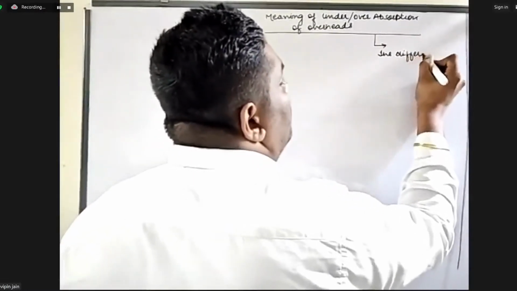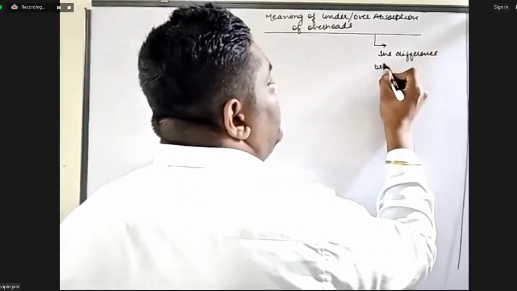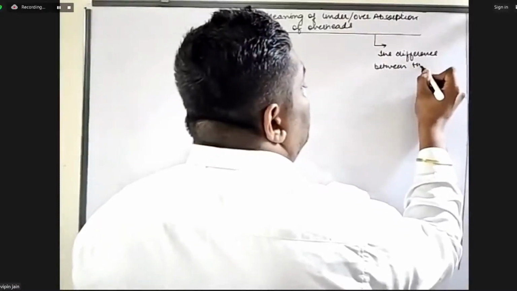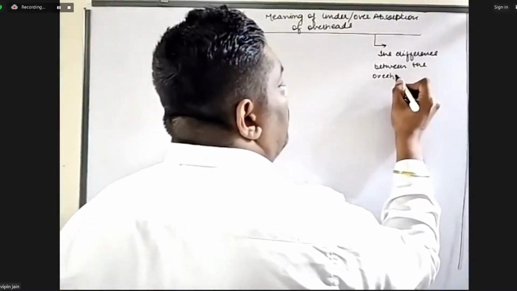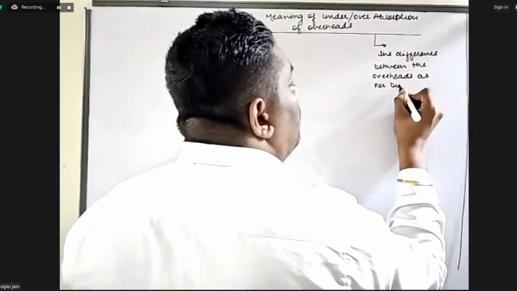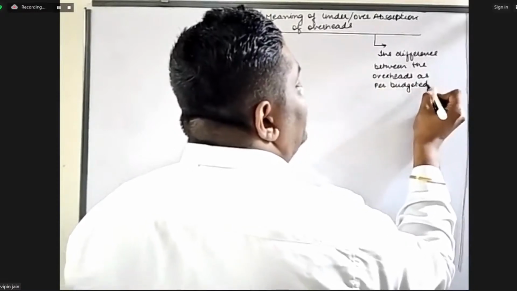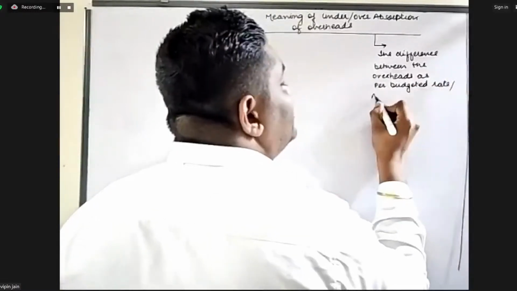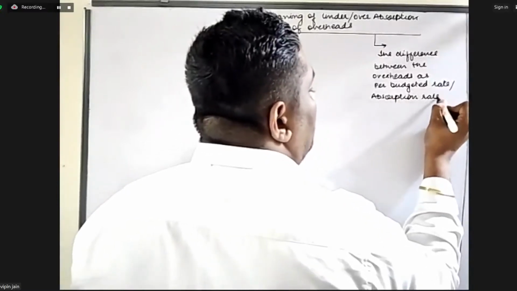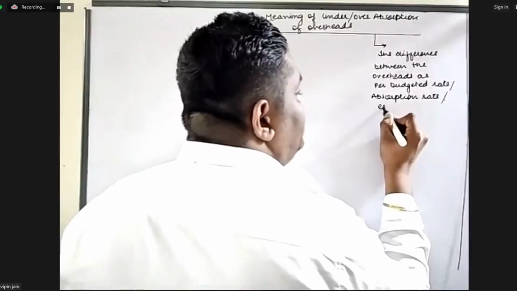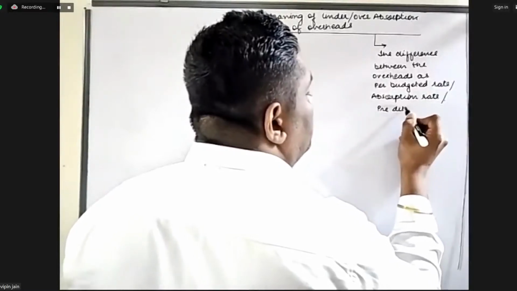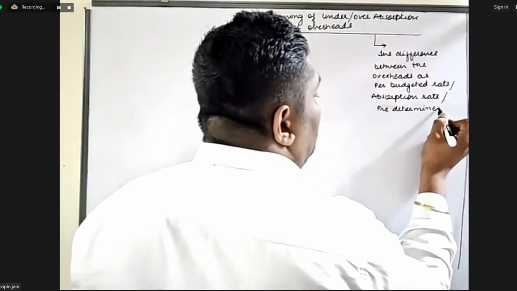The difference between the overheads as per budgeted rate, or we can say absorption rate, or we can say estimated rate, sorry, predetermined rate. I'm using all the terms.